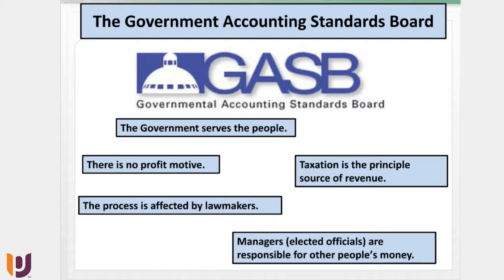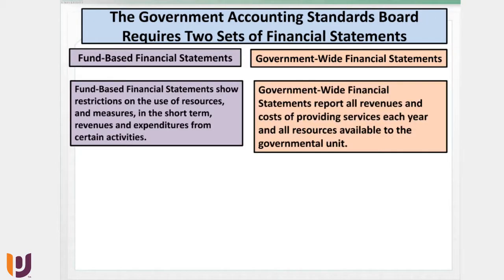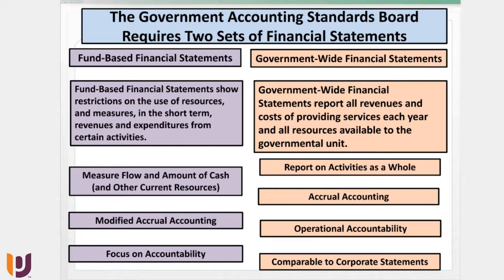Government Accounting Standards Board Statement Number 1 sets the framework for government entity financial reporting. The Government Accounting Standards Board requires government entities to prepare 2 separate and distinct sets of financial statements.